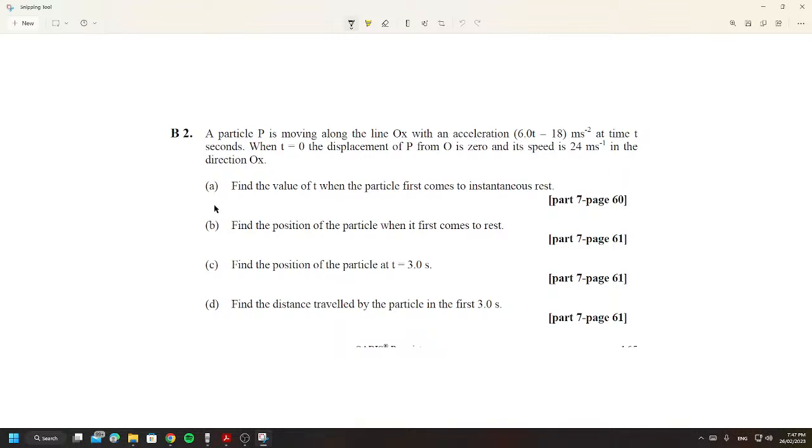A particle P is moving along the line OX with an acceleration of this at a time t seconds. When t is equal to 0, displacement of P from O is 0 and its speed, so x is equal to 0 and v is equal to 24 when t is equal to 0.